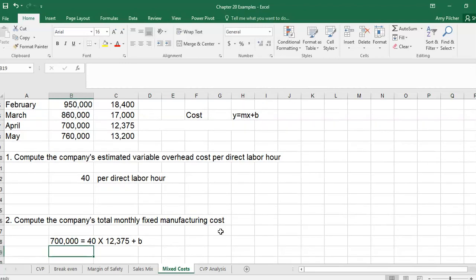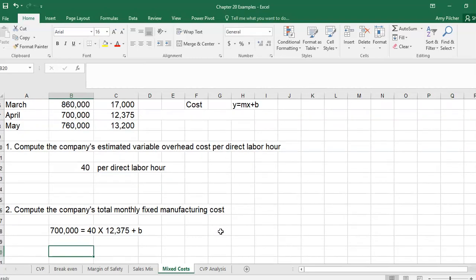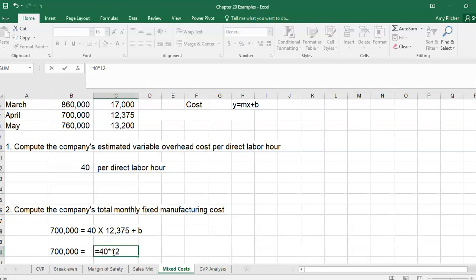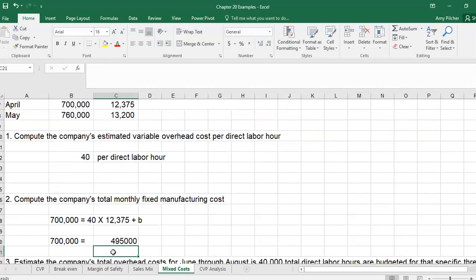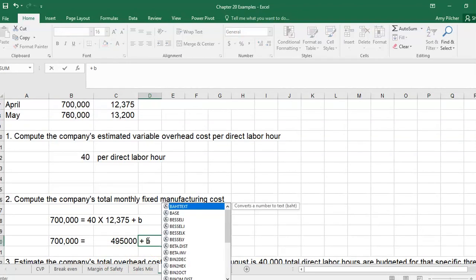That's what we're trying to solve for. So we're going to take 700,000 equals 40 times 12,375 plus b.